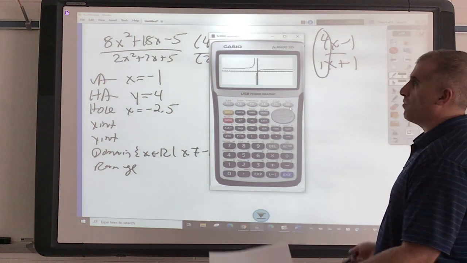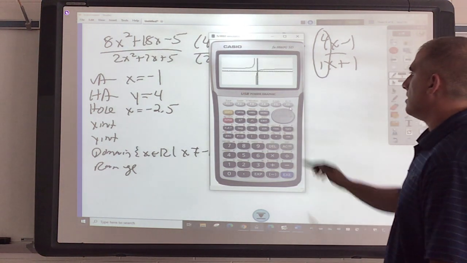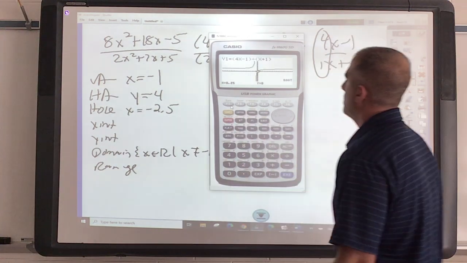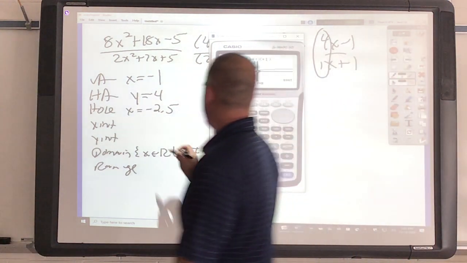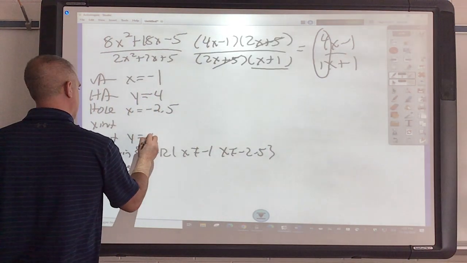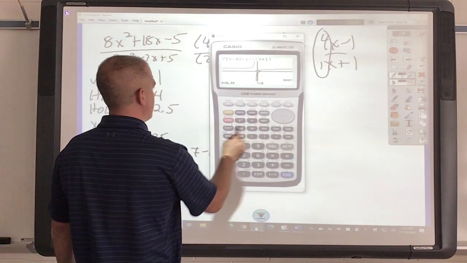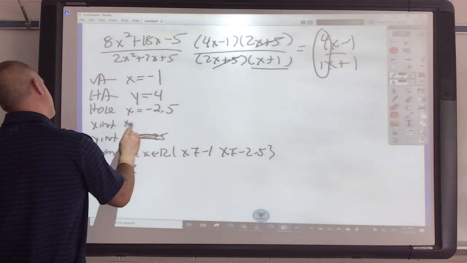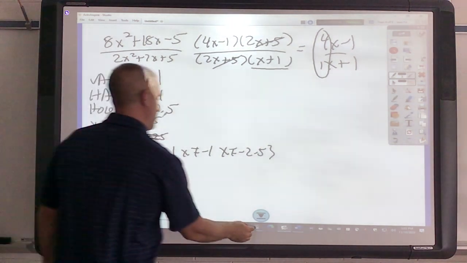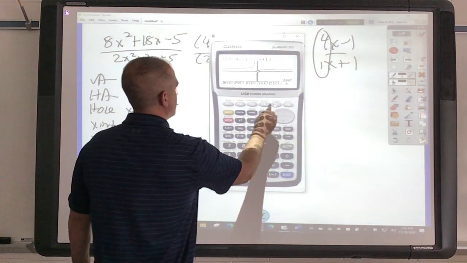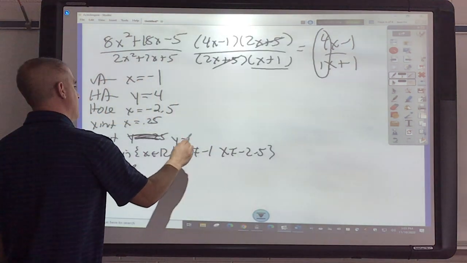Draw. It's one of those different ones there. So calc root is x equals 0.25. Let's see if there are any others. Nope. Calc y-intercept, y is -1.